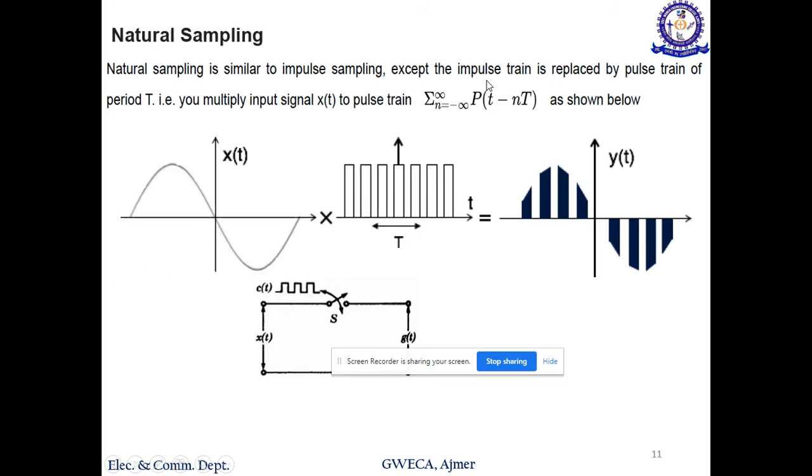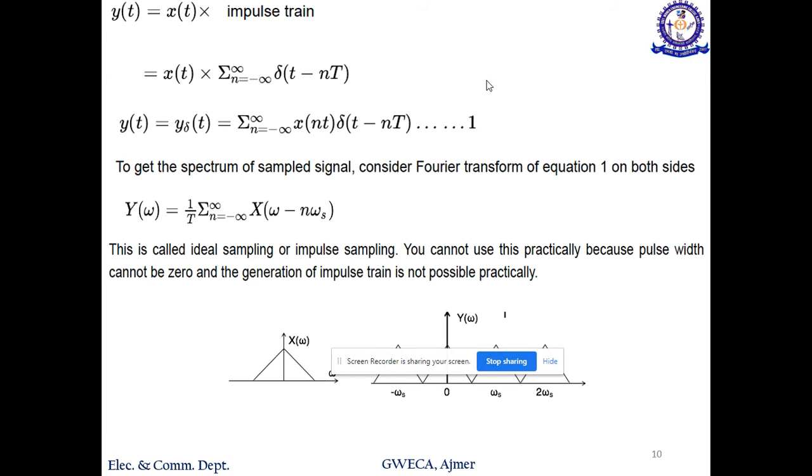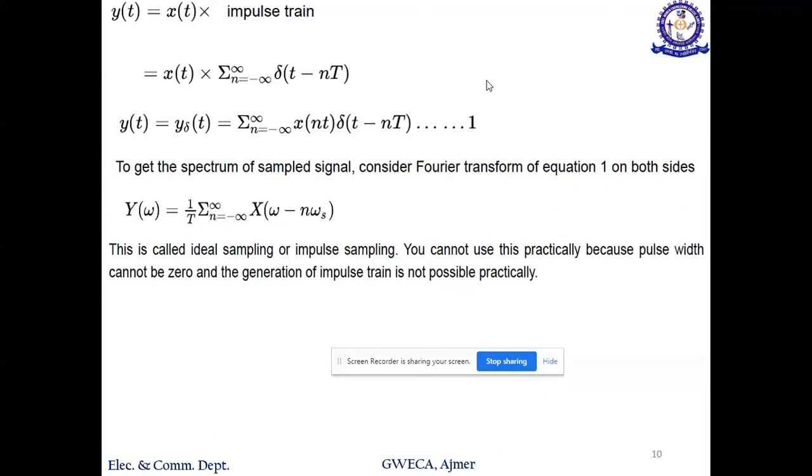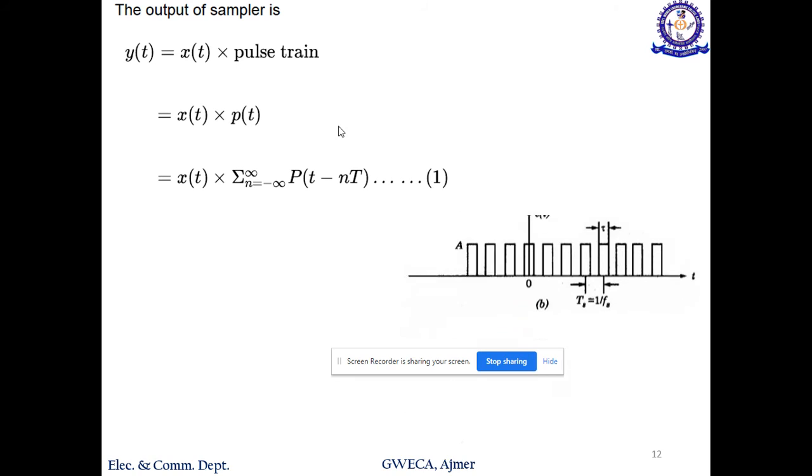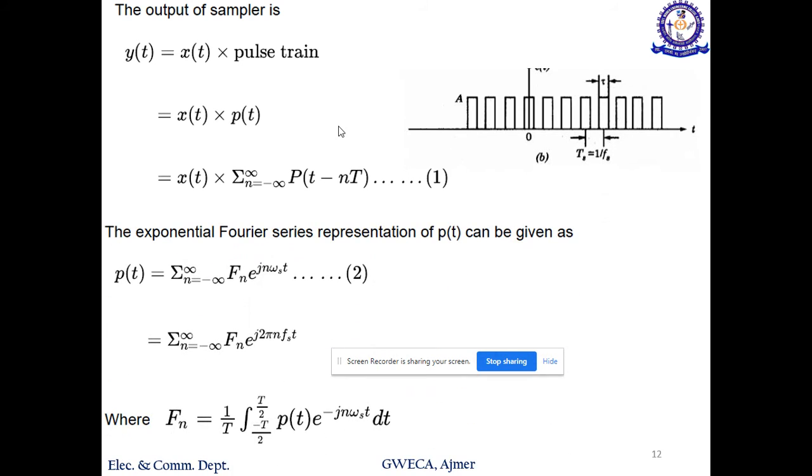In the previous case, just go through the previous slides. Only one, delta equal to 0 is equal to 1. In this case, after solving this, we get 1 upon 2 along with omega s.